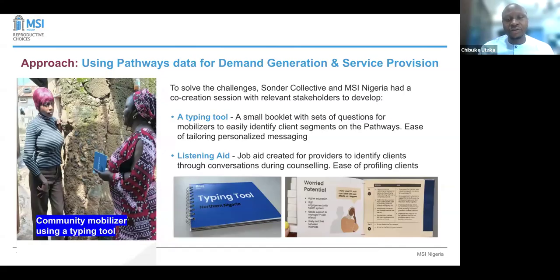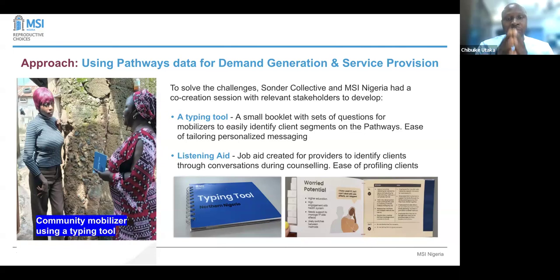So we created a listening tool, and then we created a typing tool. The listening tool is basically a small booklet like this that had a set of small questions in it that will help easily identify the profile of the person you are talking to. And this particular typing tool was basically useful for the mobilizers in the community, and inside it he had cues that will take you to the kind of person that you are talking with when you meet the person in the field.